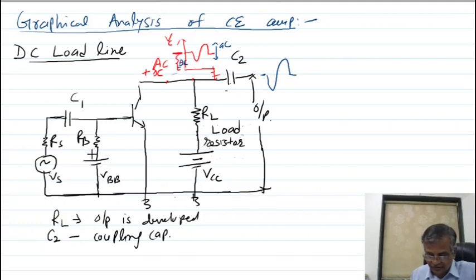Now, this is called the bias resistor. This provides the necessary value of the bias current for forward operation of the transistor.